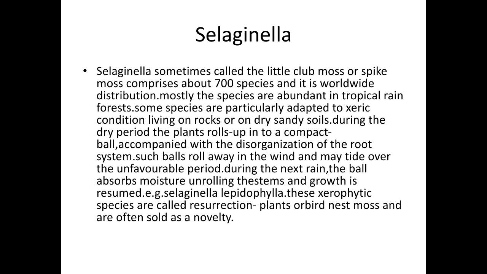The ball absorbs moisture, unrolling the stem, and growth is resumed. For example, Selaginella lepidophylla. These xerophytic species are called resurrection plants, or orchid's nest moss, and are often sold as a novelty.